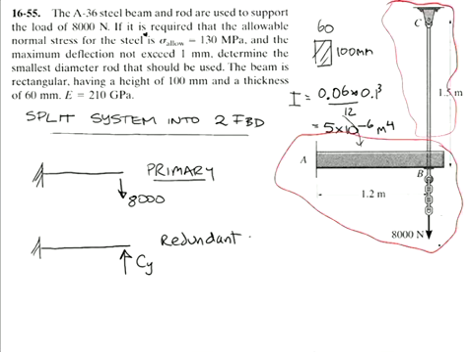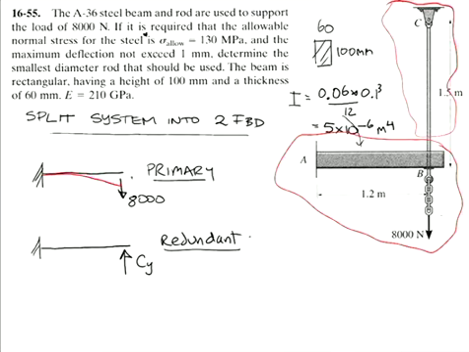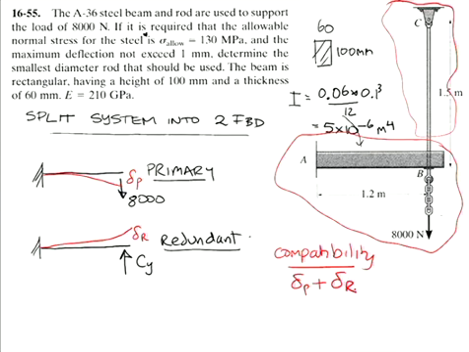This time round we are going to say this primary will deflect down an amount delta primary, this redundant will deflect up an amount delta redundant, and thus our compatibility: we'll say our primary deflection plus our redundant deflection, we won't worry about signs as yet, is equal to the, what do I call it? I'll call it the stretching in BC.